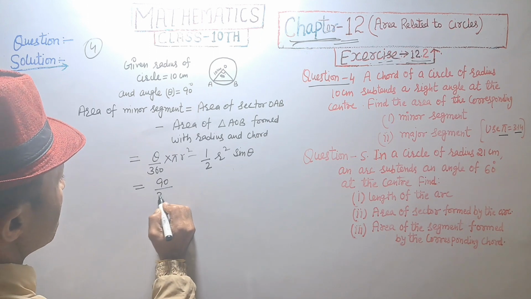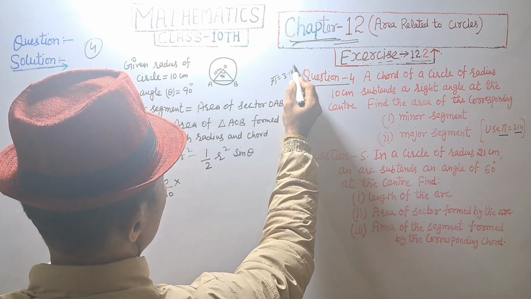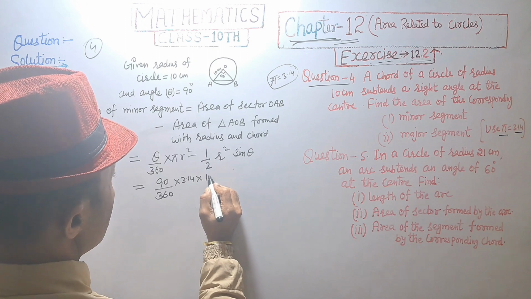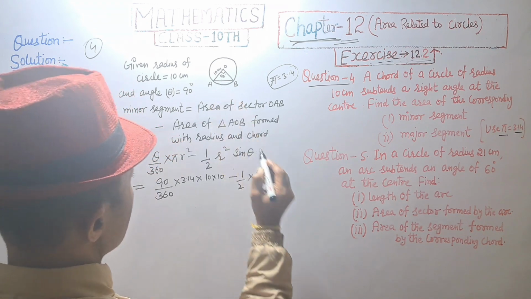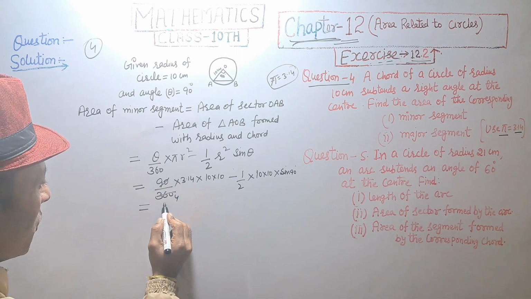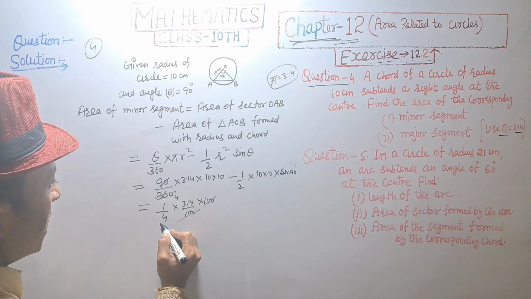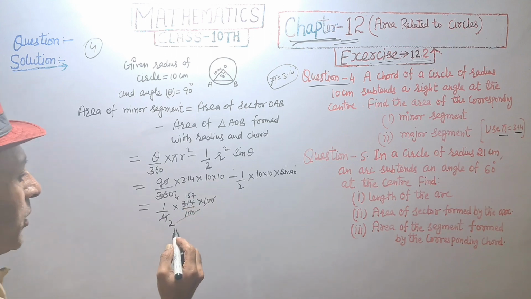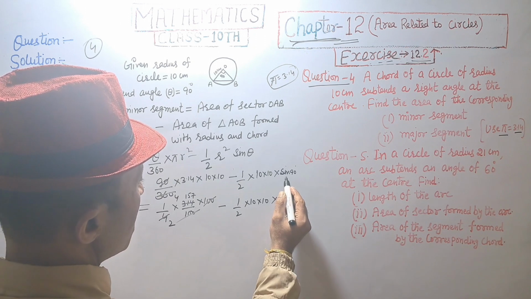Angle theta is 90 upon 360 into pi, given pi is equal to 3.14, into radius 10 into 10, minus half into 10 into 10 into sin 90 degree, that is equal to 1. 1 upon 4 into 314 divided by 100. 100 is cancelled and 2 2s are 4, 157 2s are 314, minus 1 by 2 into 10 into 10 into sin 90 equal to 1.